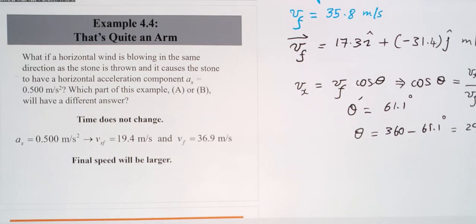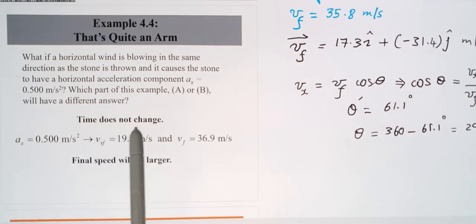Now let's see this. He said, what if a horizontal wind is blowing in the same direction as the stone is thrown, and it causes the stone to have a horizontal acceleration. So now it's no more a projectile problem. Now we have acceleration in the x-axis. Which part of this example will change, A or B?